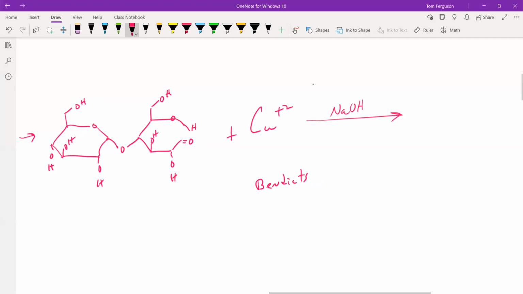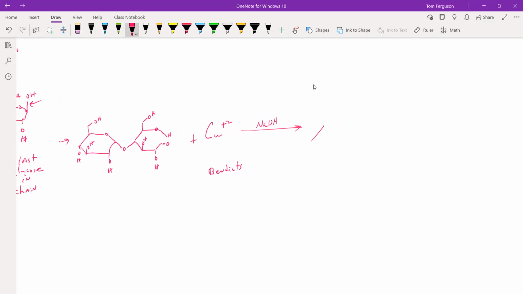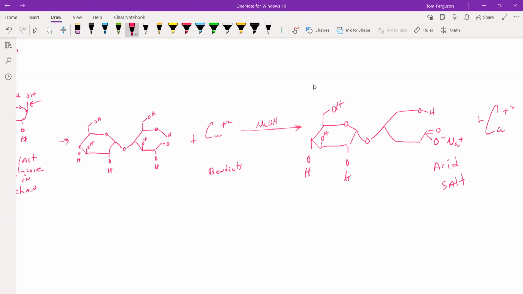When it gets oxidized, it's oxidized to the acid salt plus copper 1.